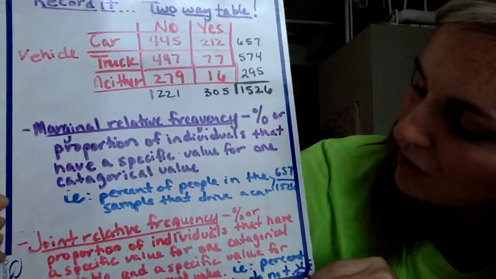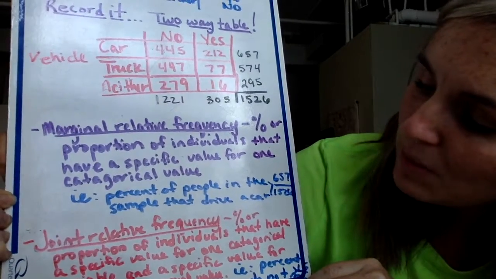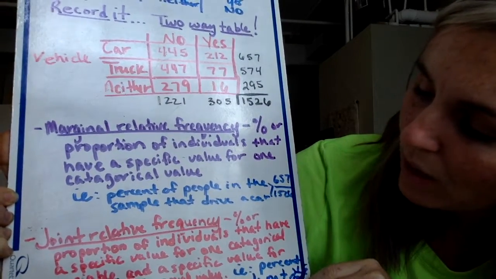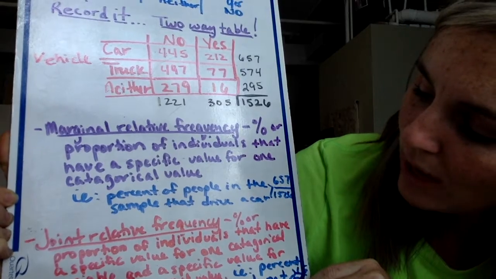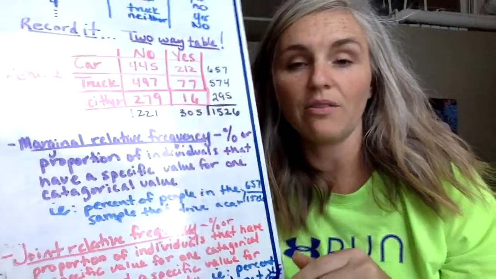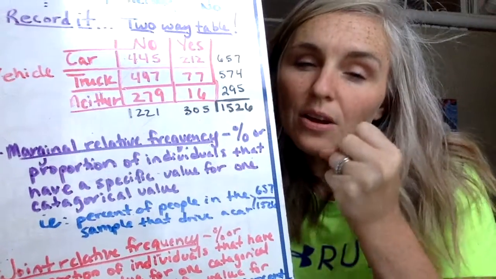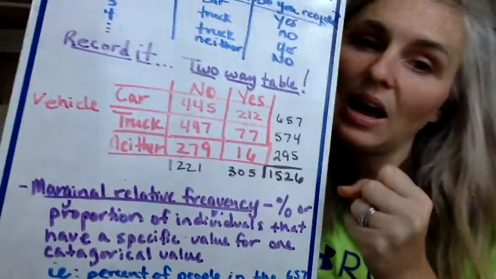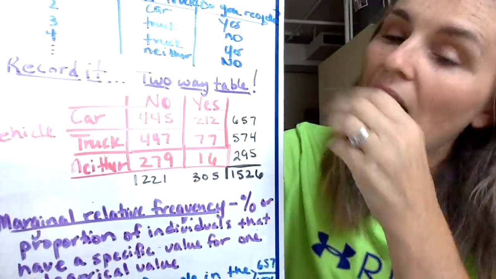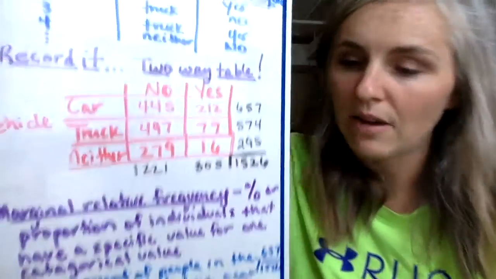The formal definition is the percent or proportion of individuals that have a specific value for one categorical variable and a specific value for another categorical variable. So now we're taking into consideration two variables that are happening at the same time. For example, I said yes and own a car. I said no and own a truck, something like that.